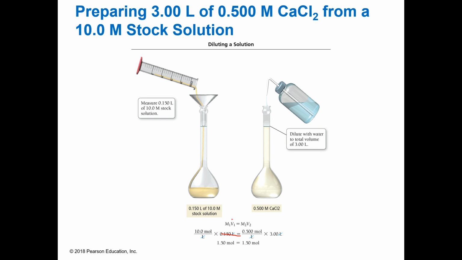So I could plug all that in and solve for my initial volume, and you would get 0.15 liters. Then what I know is I need to add 0.15 liters into the 3 liters and fill the rest with water.